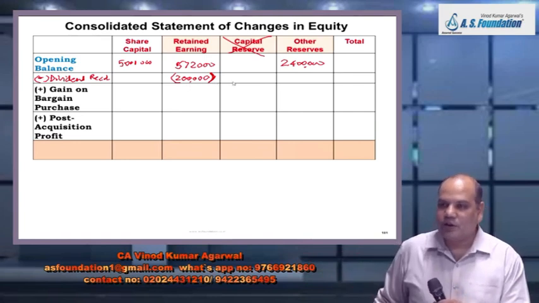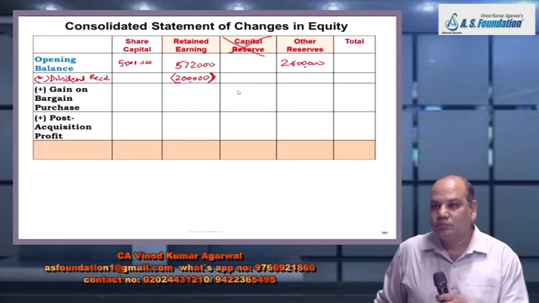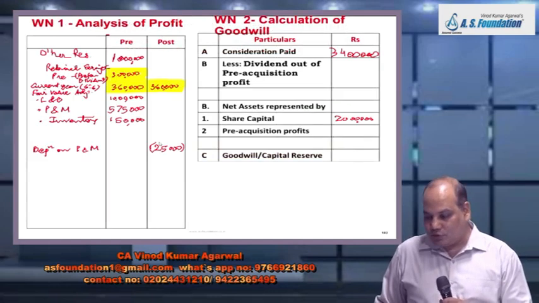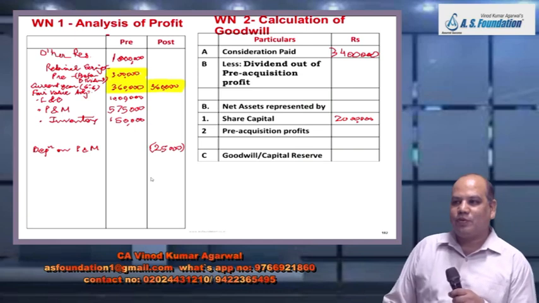In this problem, NCI is not here, so the effect of NCI of course will not come. NCI is 0% here. Because they share the profit also, no? So if they share the profit, dividend paid will be reduced from them.